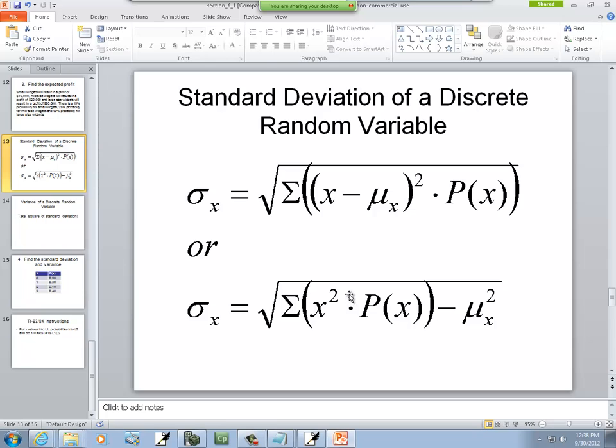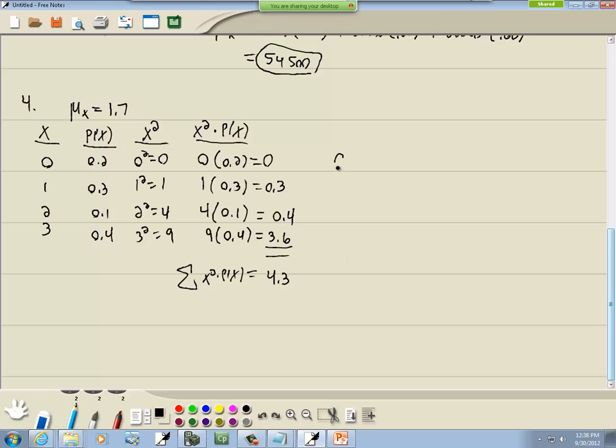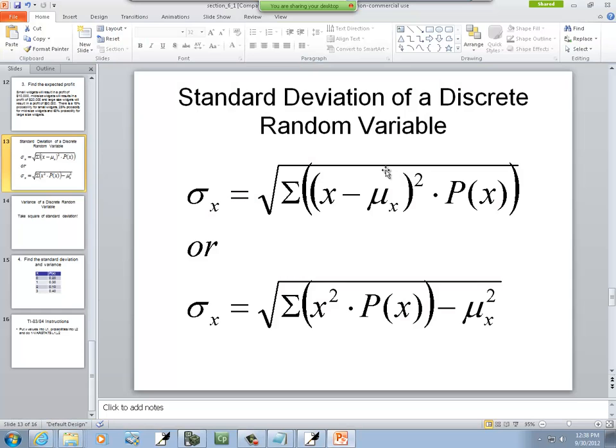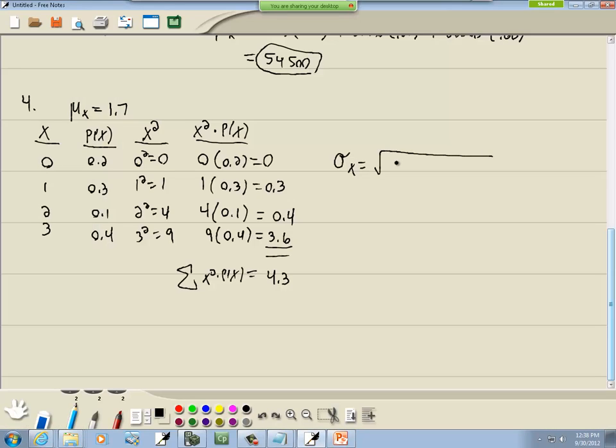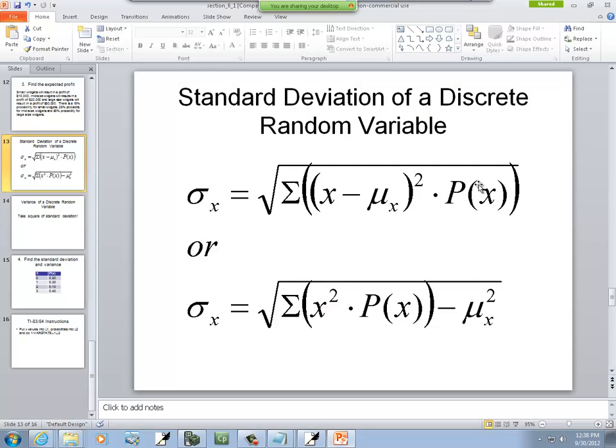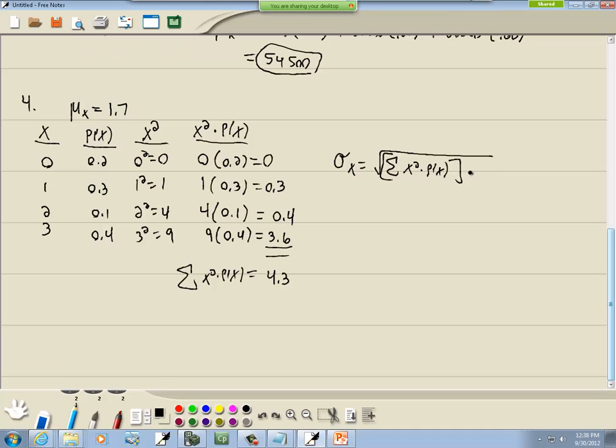Okay, so now we're ready to plug in our formula. So sigma sub x is equal to the square root of the sum of x squared times p of x minus mu sub x squared.